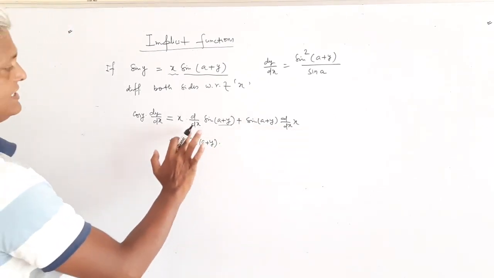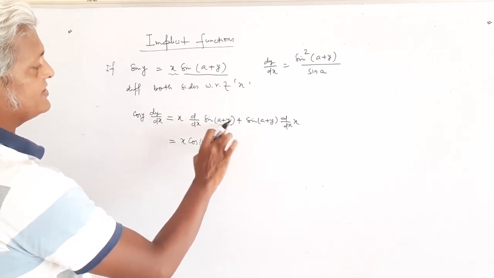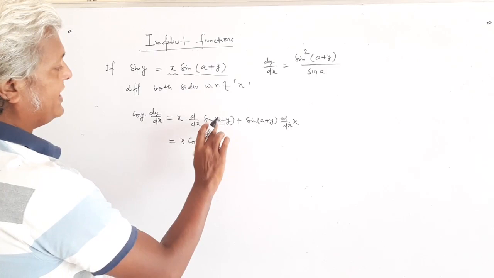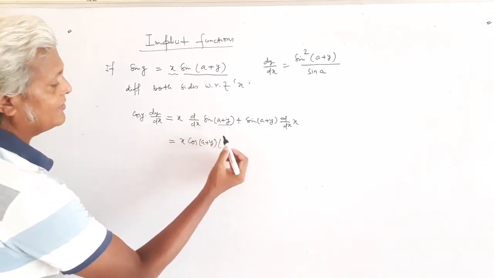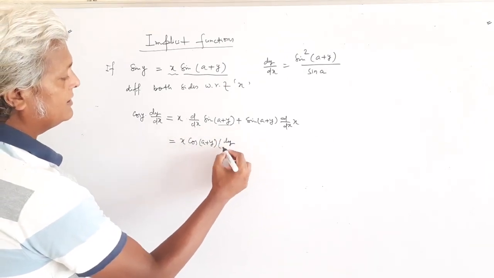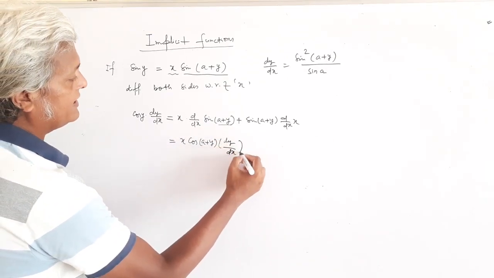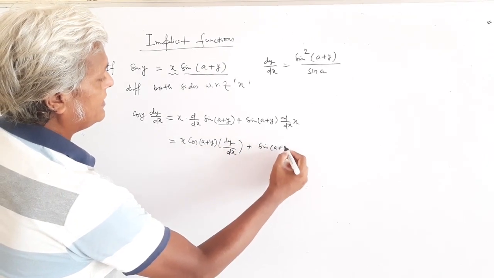Now a is constant, so differentiation of a constant is 0, and the differentiation of y is dy/dx. So 0 plus dy/dx will be just dy/dx, plus this sin(a + y).